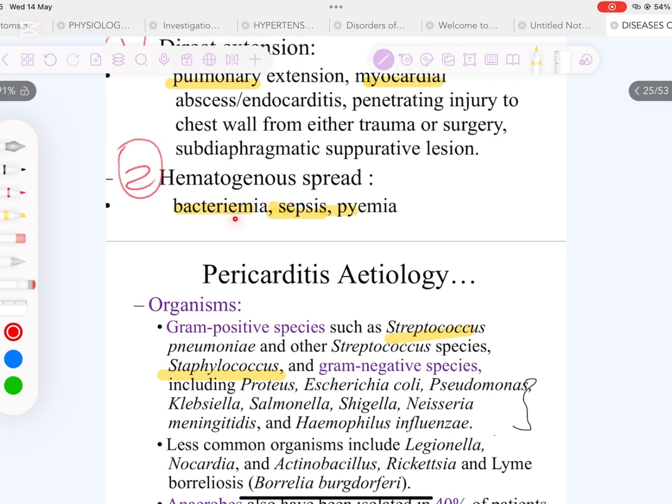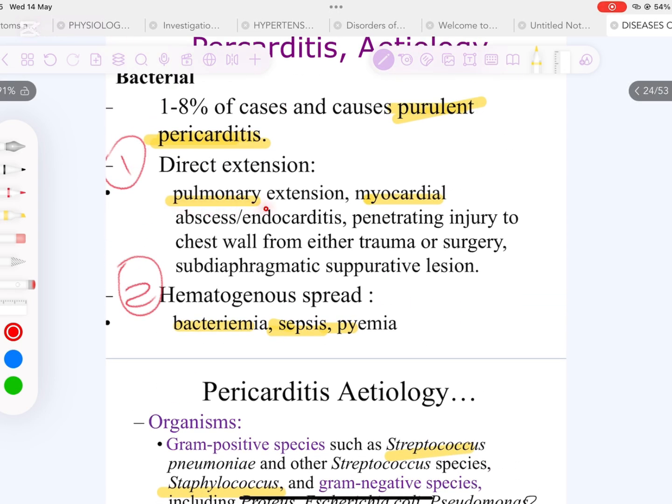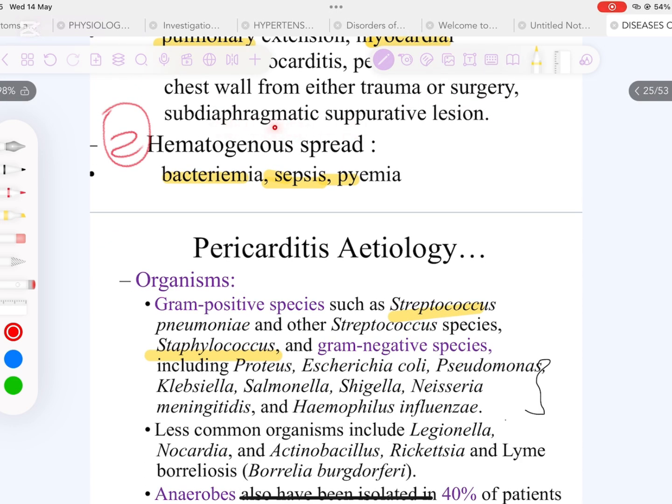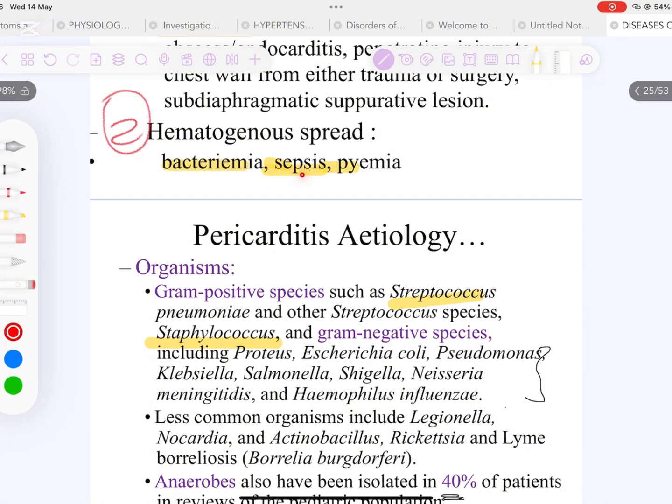The hematogenous spread may be from any other part of the body, not even around. Because around the heart, if you check, we have pulmonary, the lung; myocardial, the muscle itself; penetrating injury, maybe from outside, straight into the chest wall, either trauma or surgery; and then subdiaphragmatic, just the diaphragm. So as you can see, it's just around the heart. Hematogenous spread can be from anywhere, it can be bacteremia, maybe bacteria in the blood.